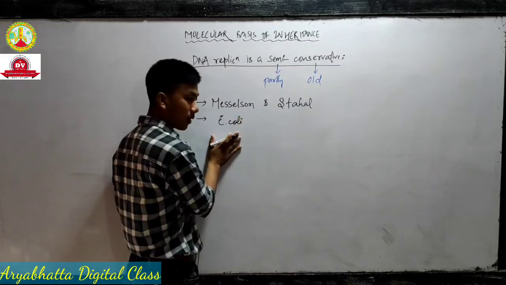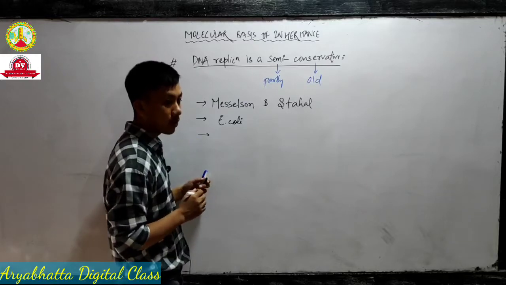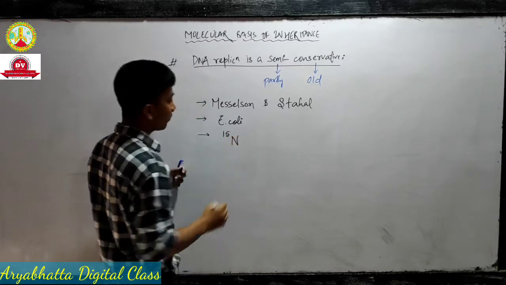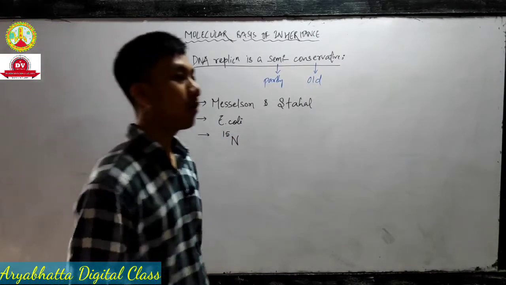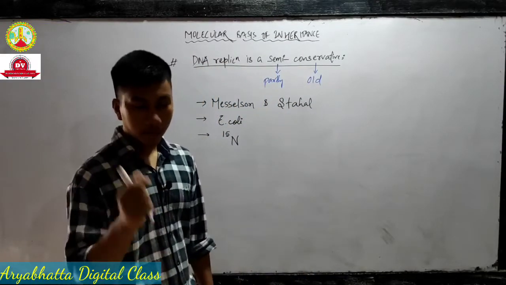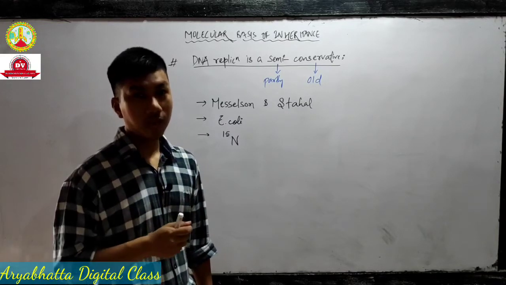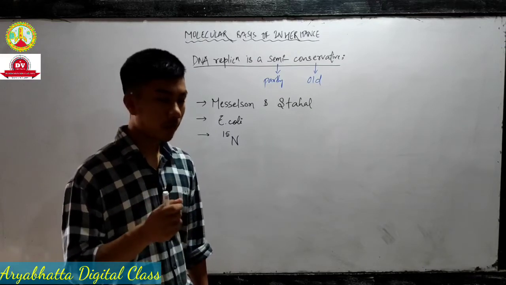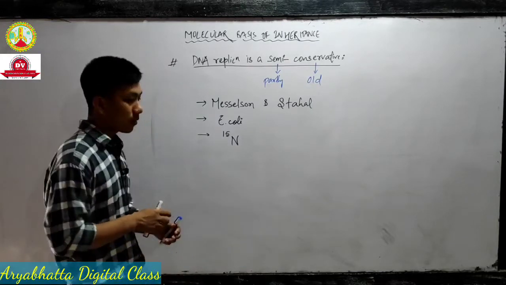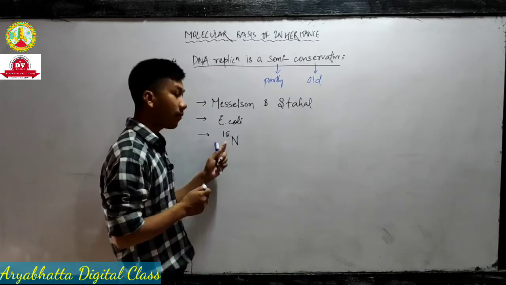So these two scientists used E. coli and they used heavy nitrogen, N15. I hope you already have some idea about heavy elements, light elements, radioactive elements, radioisotopes, from the chemistry point of view, right? There are some heavy elements, like nitrogen N15.